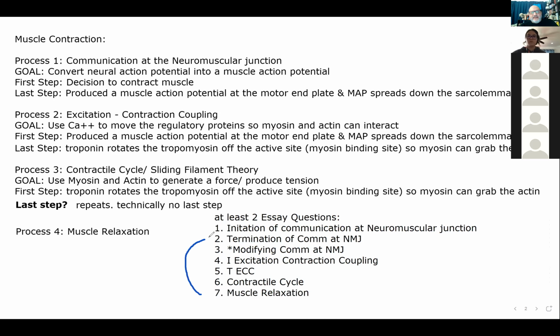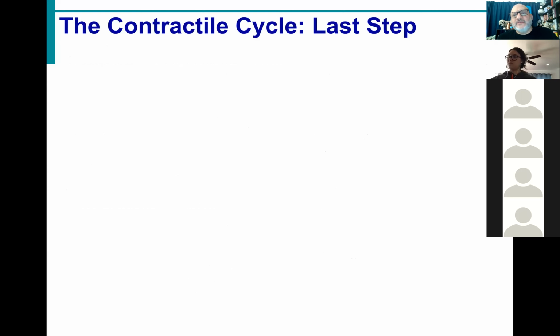All it is is the termination of communication at the neuromuscular junction plus termination of excitation contraction coupling. So let's do that. If you got the essay question on the exam, to describe the process of relaxing a muscle, walk me through it.